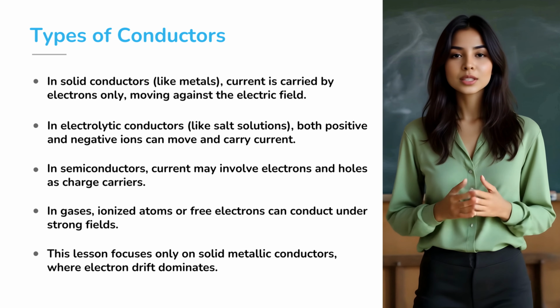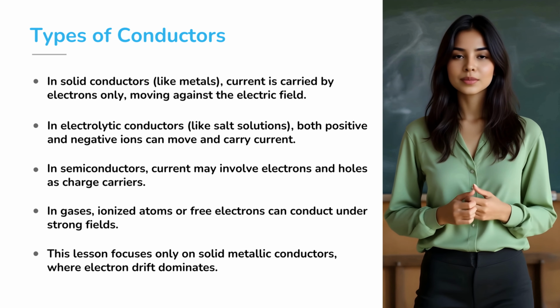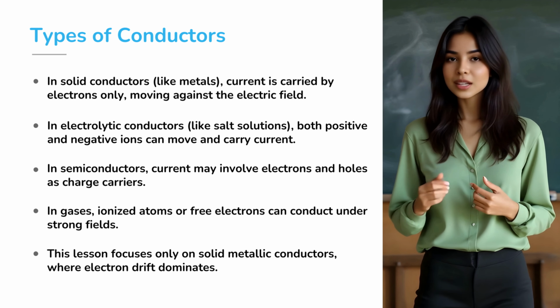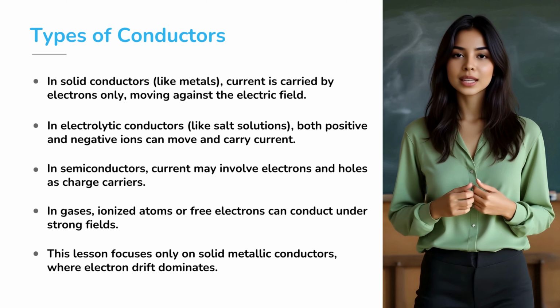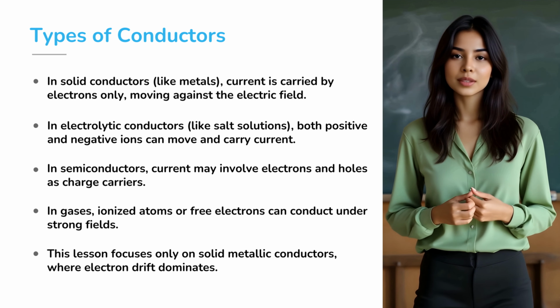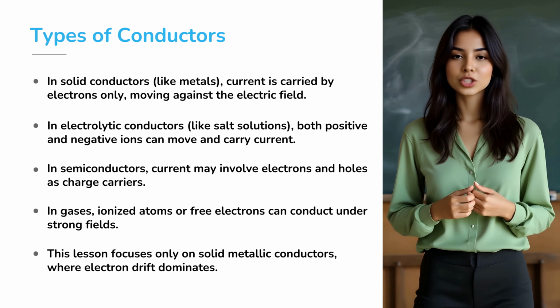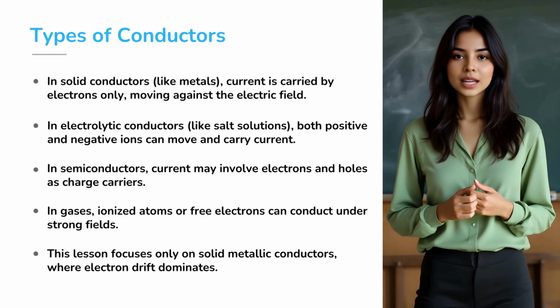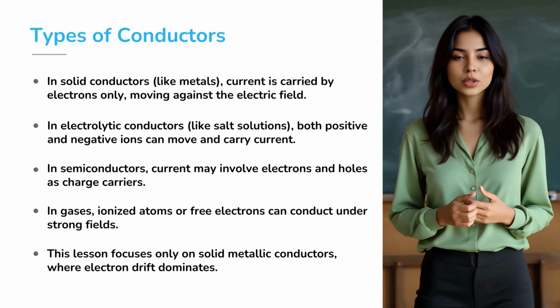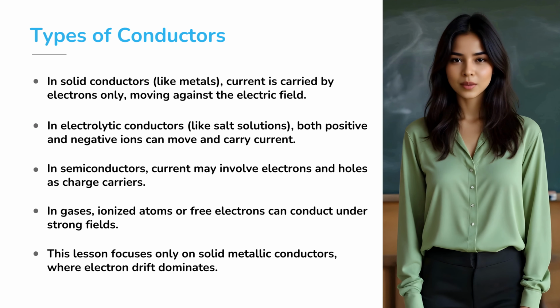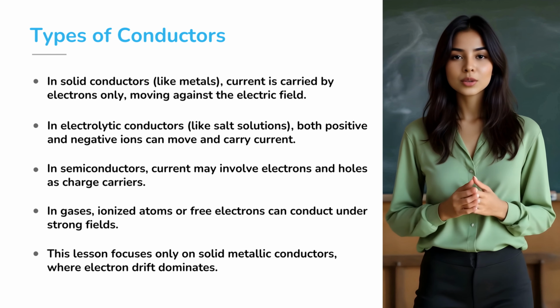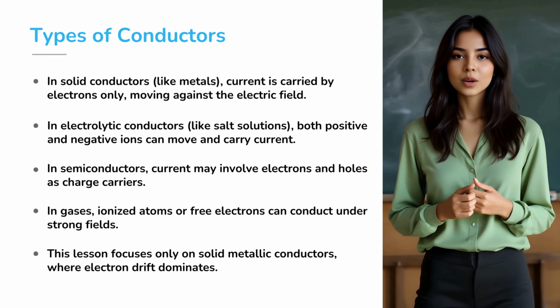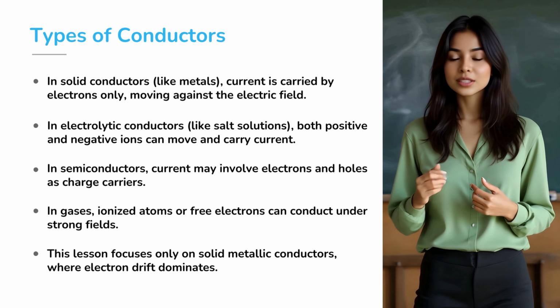Not all conductors behave the same way. In solid conductors, such as copper wires, only electrons move. These electrons flow in the direction opposite to the applied electric field. But in electrolytic conductors, like salt water or acid solutions, both positive and negative ions move. That's how electric current flows in batteries.